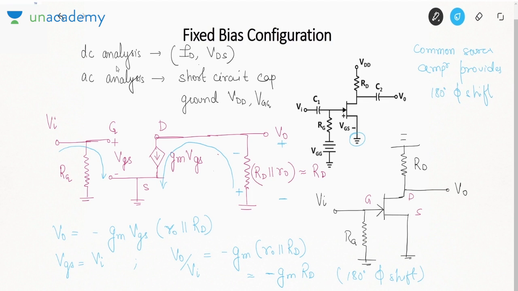Like in BJT, we had common emitter amplifier which provided 180 degree phase shift. Here emitter is replaced by source. So common source amplifier is providing 180 degree phase shift. Okay, so that is the characteristic of the common source amplifier.